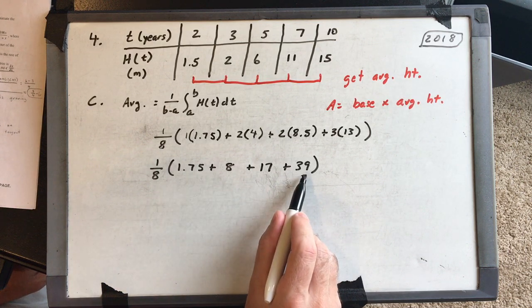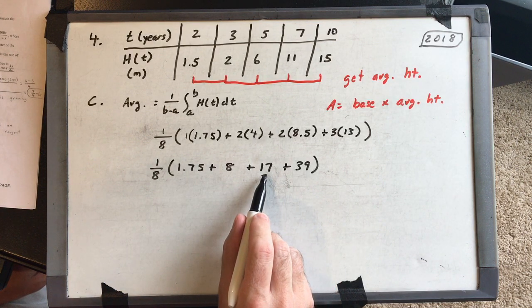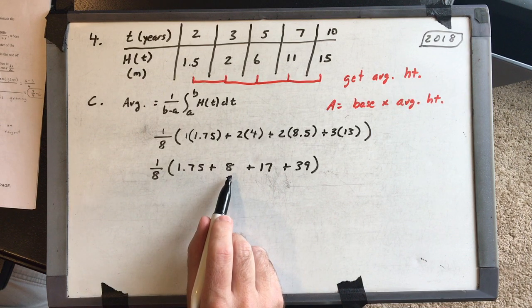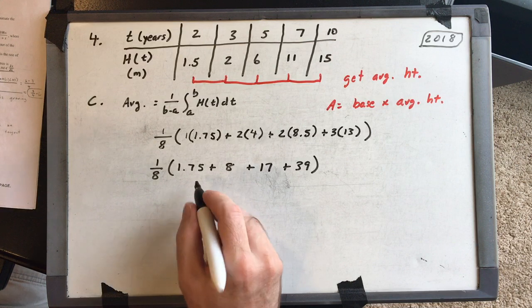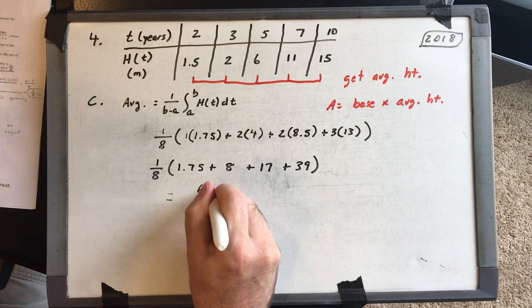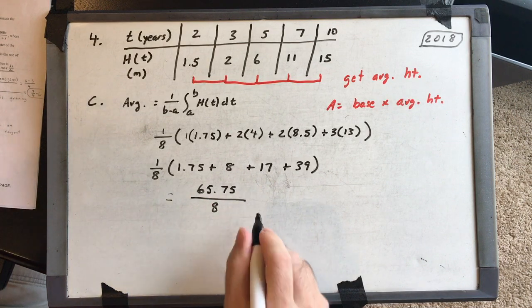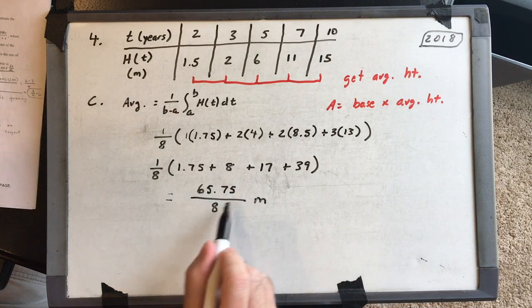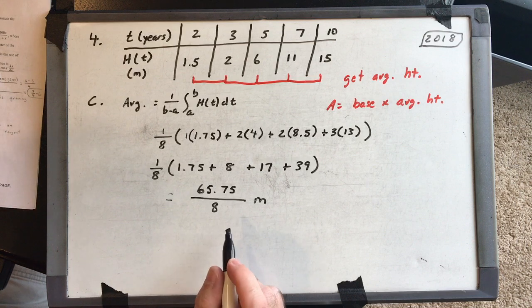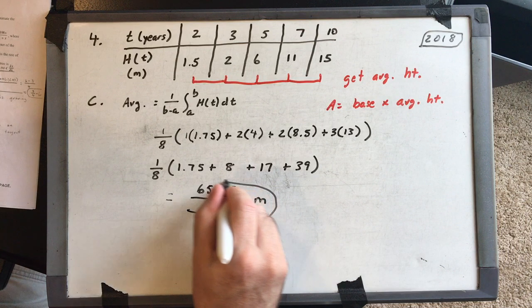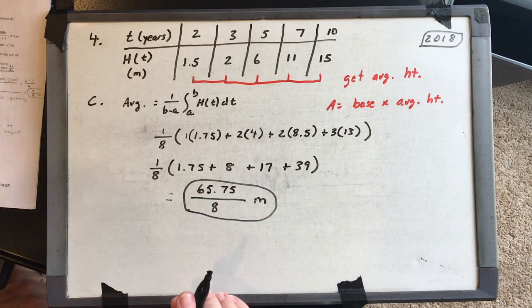That's going to be 39 and 17, 56, plus 8 would be 64, plus 1.75 is 65.75, divided by 8, and that's going to be meters. Do not try to do any better than that, my goodness. In fact, you probably could just put meters up here and circle all this. Oh, man. So that was kind of a tough mental math problem.